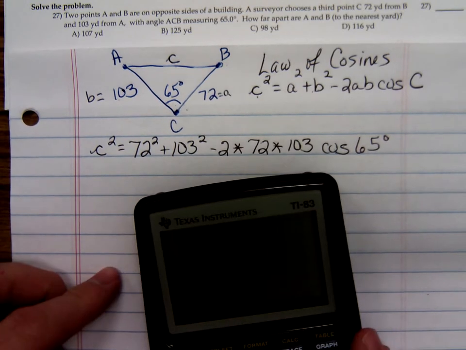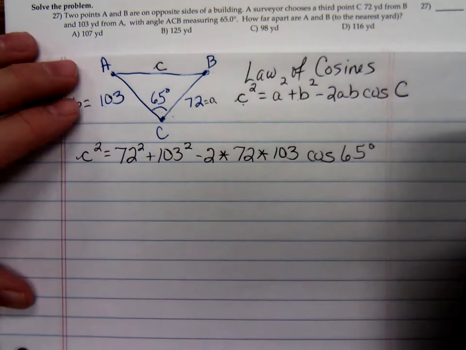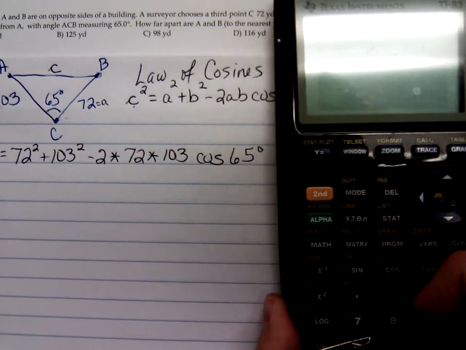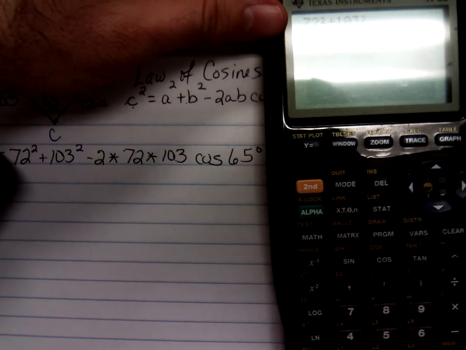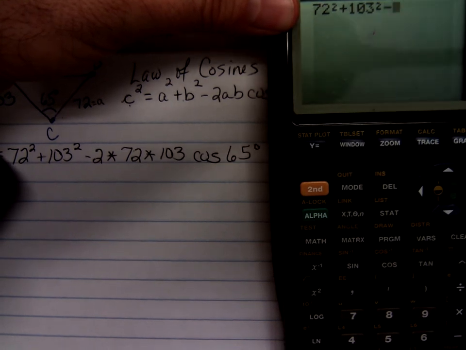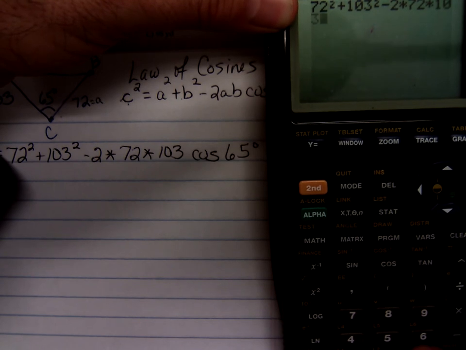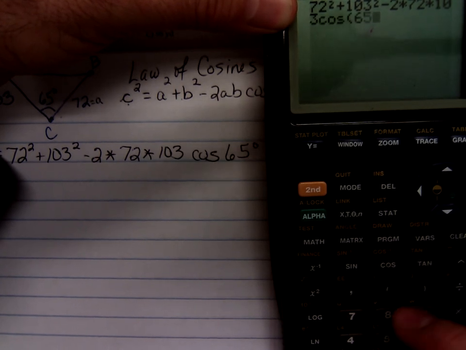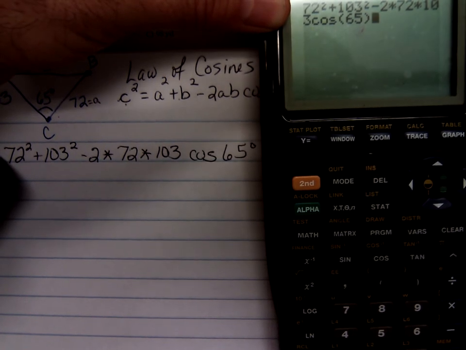Okay, so I'm punching in 72 squared plus 103 squared minus 2 times 72 times 103 cosine 65. Ooh, times like this, I really do sound like Charlie Brown's teacher.